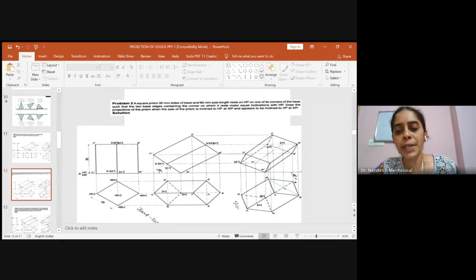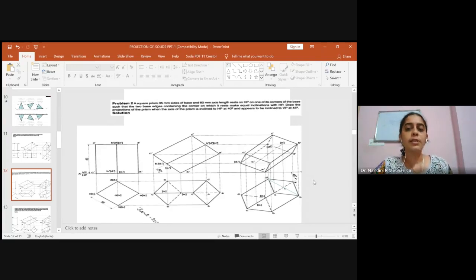A1 and B1 was hidden, so here also we show A1 and B1 as hidden. The line coming inside the top surface from C to A was hidden, so please show C to A as a hidden dotted line. So this completes our third stage of the problem, top view, third stage.